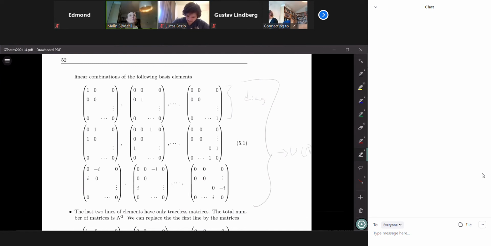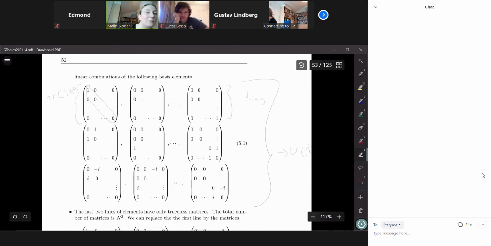If we want special matrices, we should have that the determinant is 1, and we should have that the generators are traceless. This matrix here, for example, is not traceless, and none of the diagonal matrices here are. So the traces of those matrices are not 0, and they will not generate special matrices.